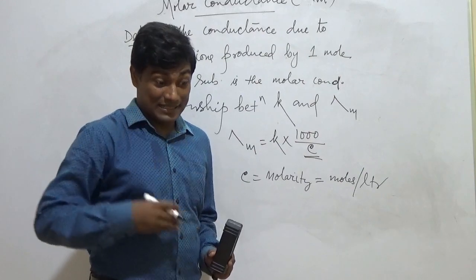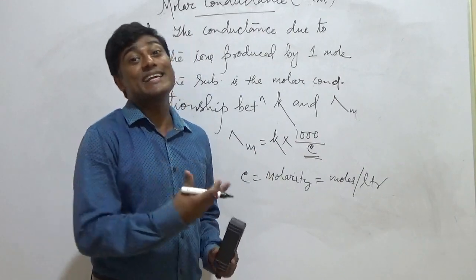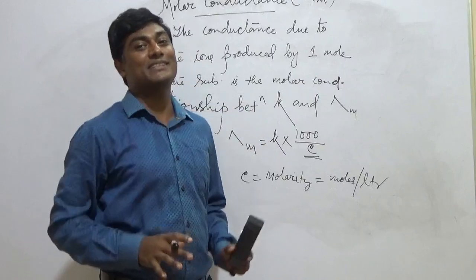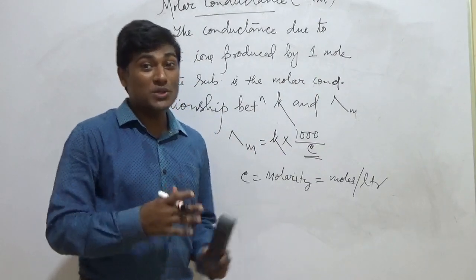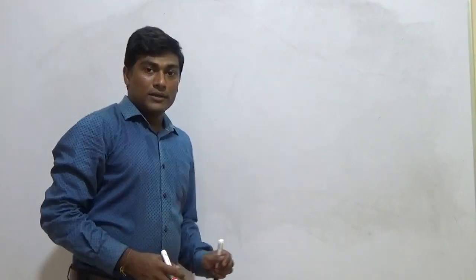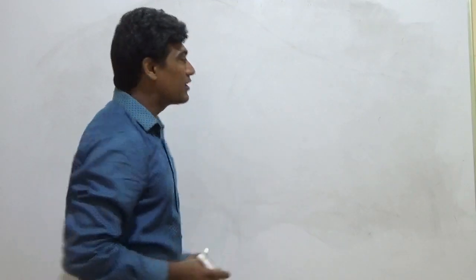Now the next thing is to find the relationship between equivalent conductance and molar conductance. How to do that? We will take an example: H2SO4, sulfuric acid.